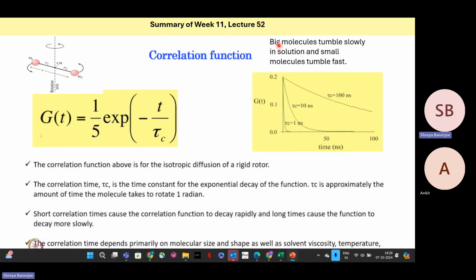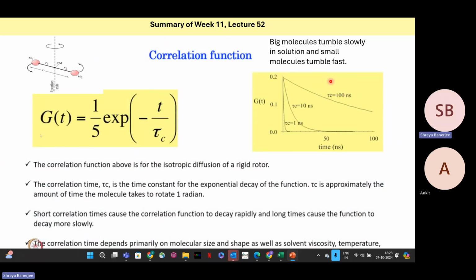If a molecule is big, it will tumble very slowly in solution. So correlation time is also defined as the amount of time the molecule takes to rotate 1 radian. Suppose the molecule is very big, so it will take a lot of time to move even a small distance. So the correlation time here is 100 nanoseconds.